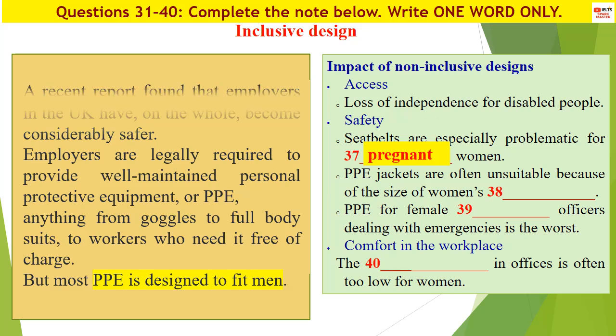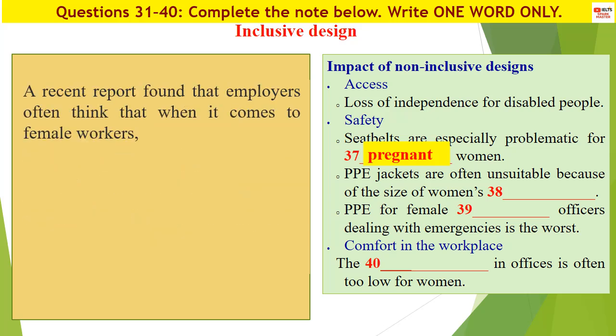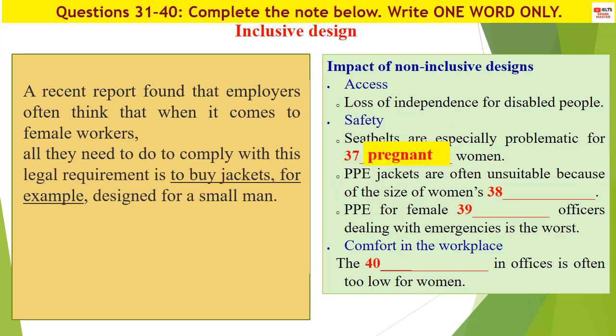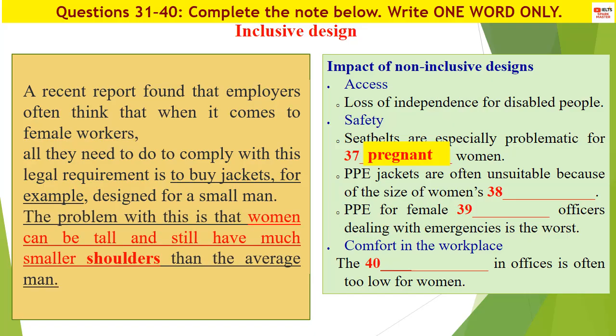A recent report found that employers often think that when it comes to female workers, all they need to do to comply with this legal requirement is to buy jackets, for example, designed for a small man. The problem with this is that women can be tall and still have much smaller shoulders than the average man.